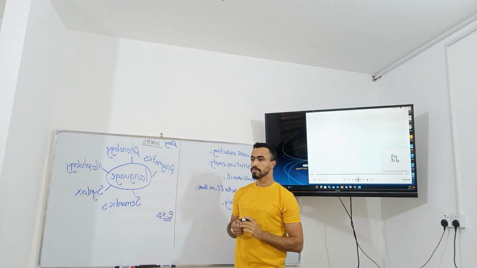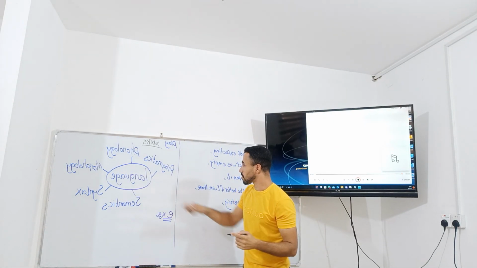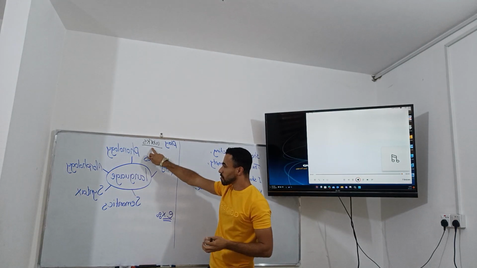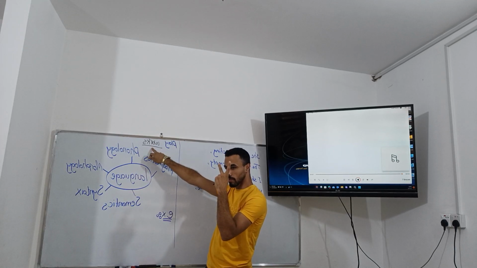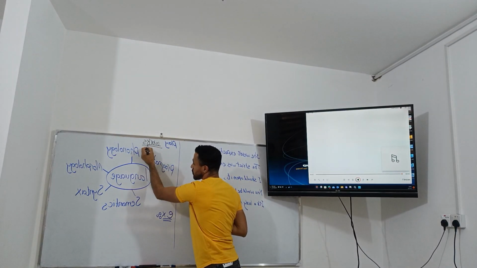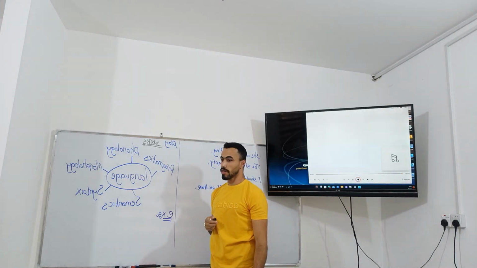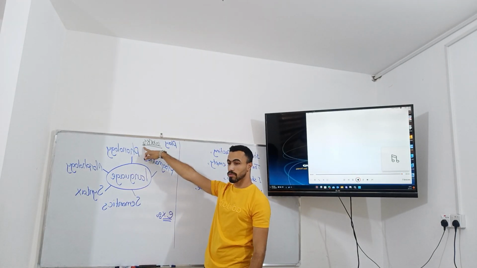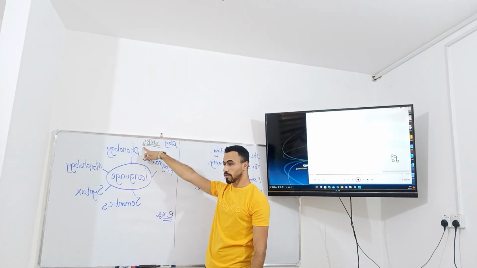Read it. Words. This word consists of two morphemes. The first one is word, and the second one is s, which marks the third person.